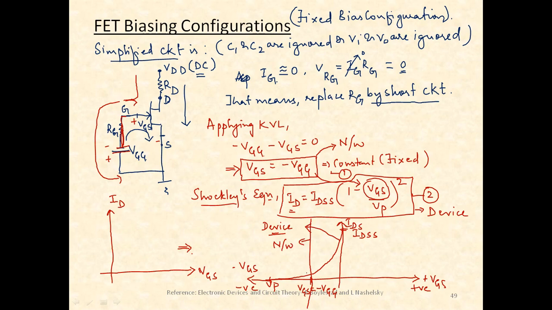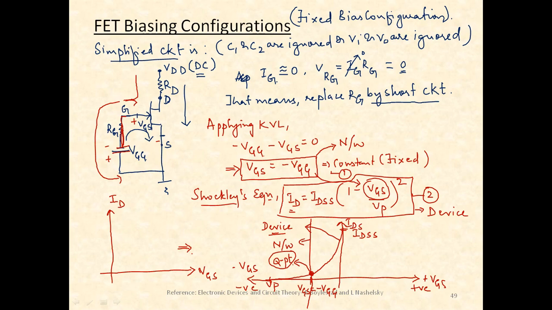So this is for the network. Now what do we get here? The point of intersection gives us the Q point, or the operating point, of this particular biasing configuration.